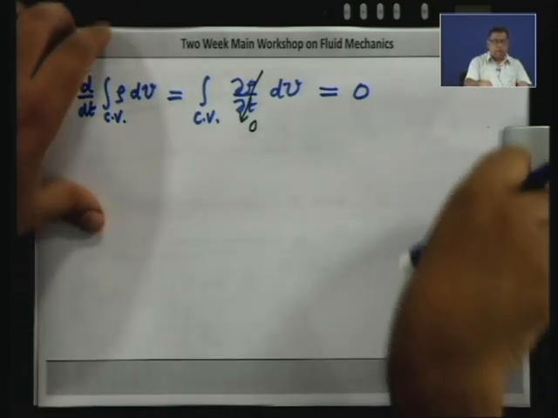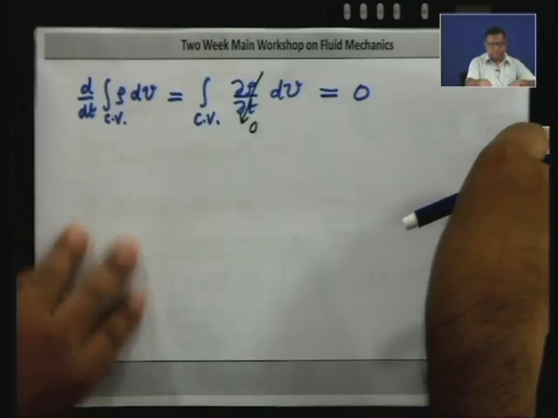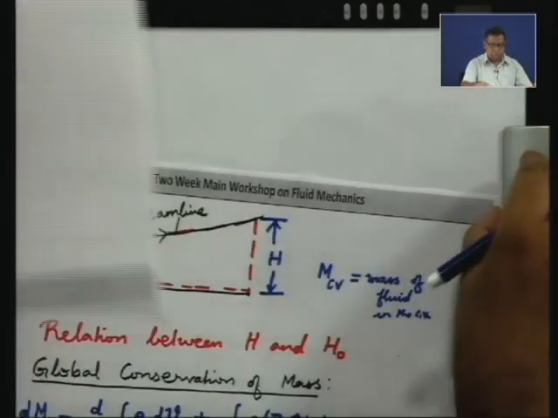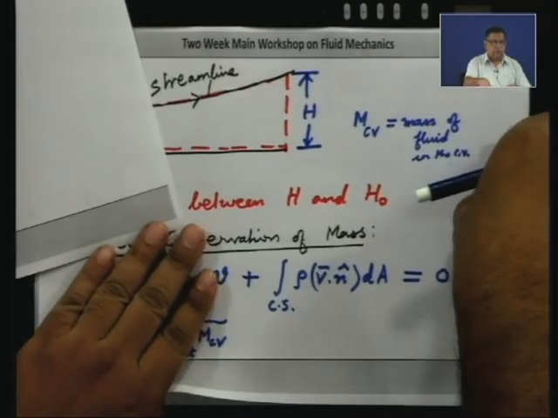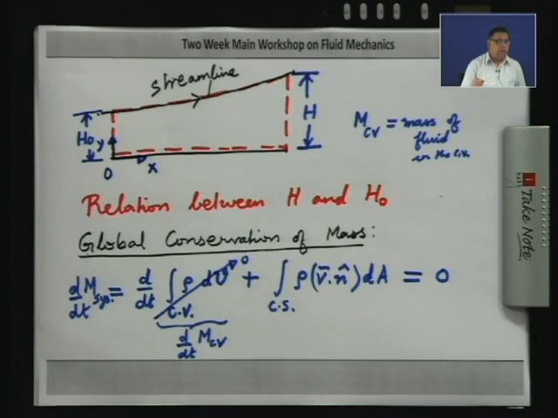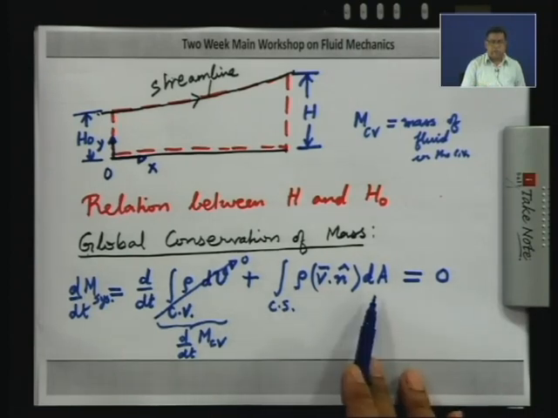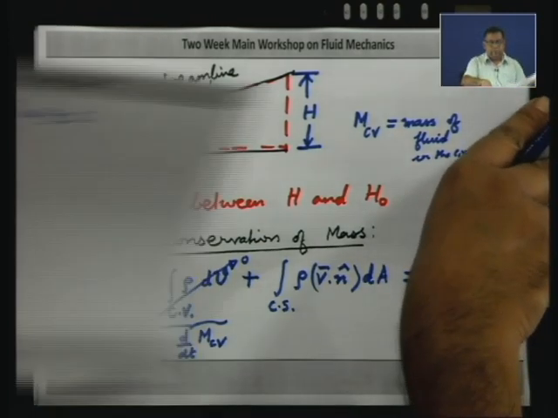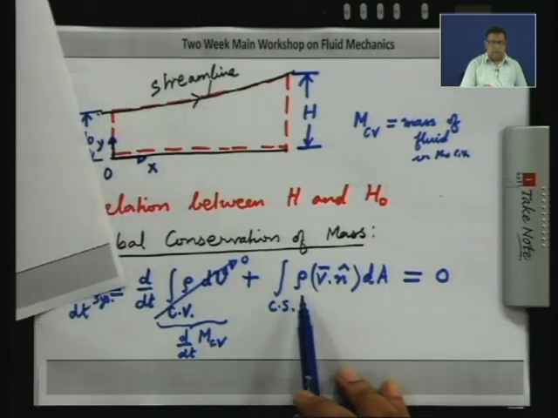So, if we go back to the equation which I wrote earlier, the first term is going to be 0. So, the net flux of mass through the control surfaces must be 0. So, we will now look at this second term.